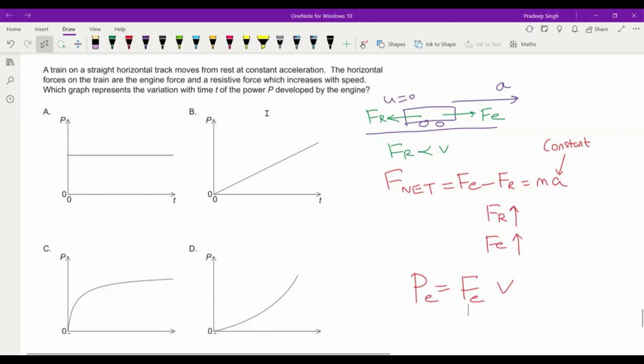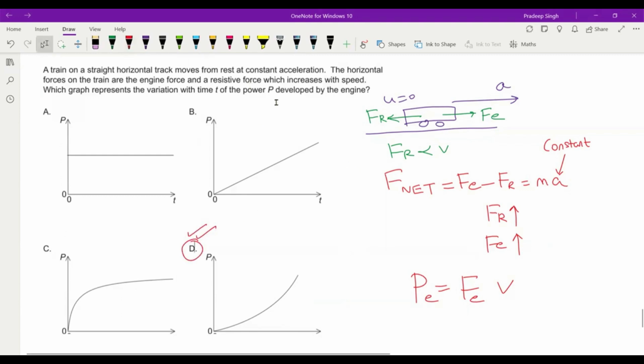The increasing options are B or D. Okay. But now, why D and why not B? Sir, it can't be linear at all if there's a resistive force which changes with velocity. The engine would need to quite literally exponentially produce power with constant acceleration. Good. It is D. It cannot be linear in this case.